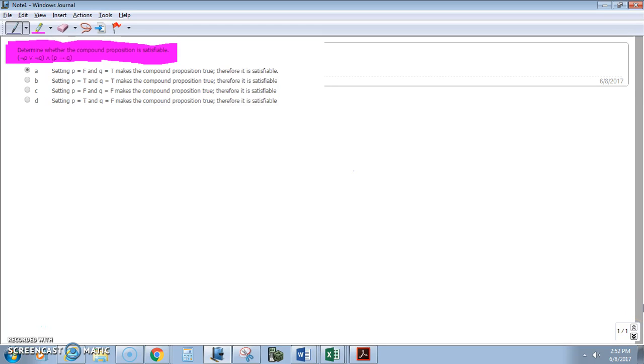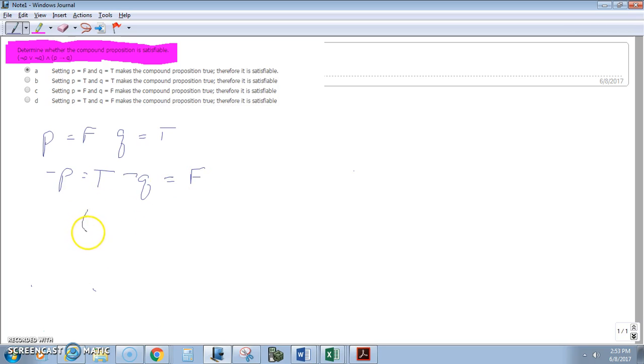So if you set P to F and you set Q to true, so P is false and Q is true, then not P is true and not Q is false.